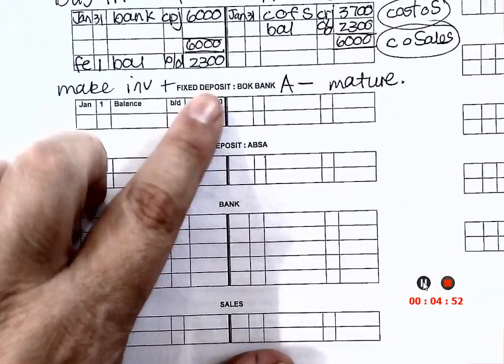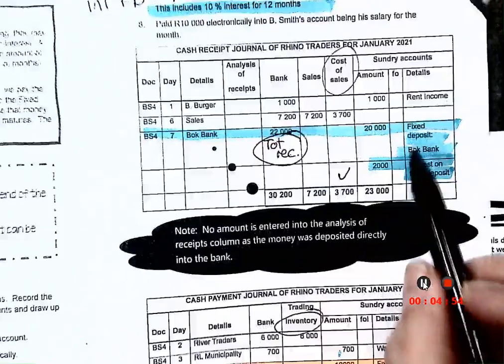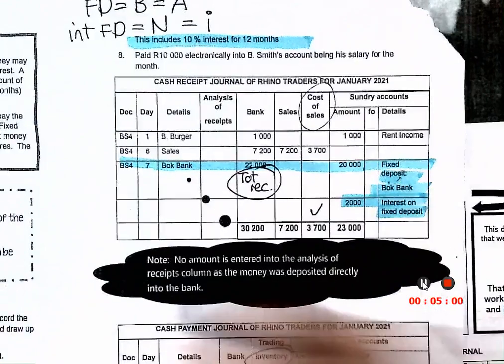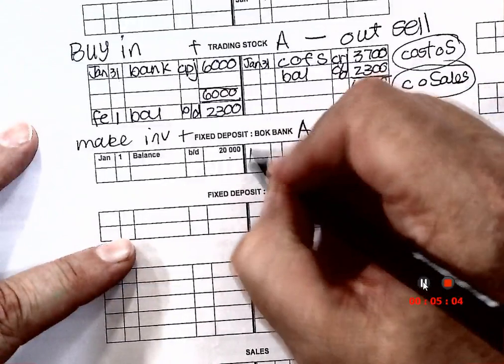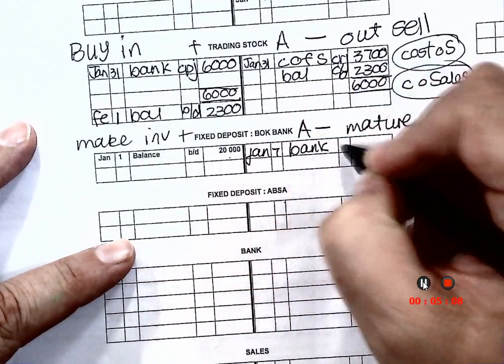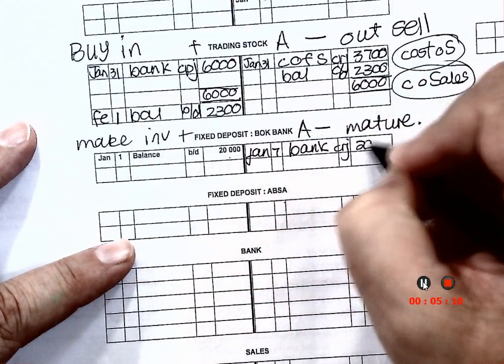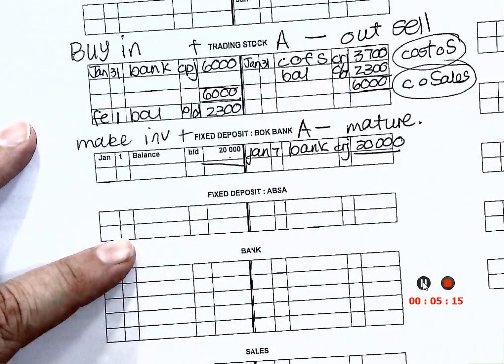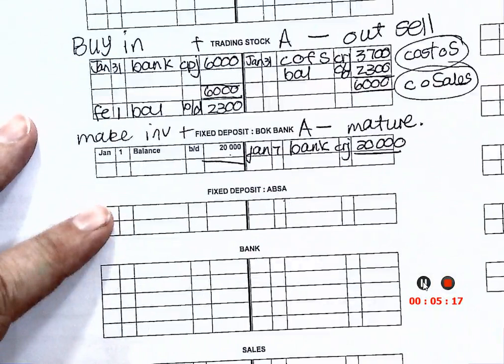Okay, so now if I go to BOK, can you see it matured? I only used the 20. So the 20 matured, it's a sundry account, the date, the 7th. So I say Jan 7, bank, CRJ, and now it matured, meaning I no longer have a fixed deposit at BOK Bank. That money is back in my check account.